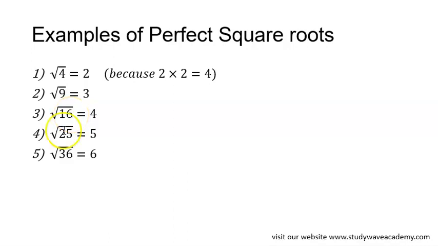It's a perfect square. The square root of 25 is 5 because 5 times 5 is 25. It's a perfect square. They are the same numbers that multiply themselves. They are not different numbers that multiply to give the same value. We have the square root of 36 is equal to 6 because 6 times 6 will give us 36. So those are perfect squares.